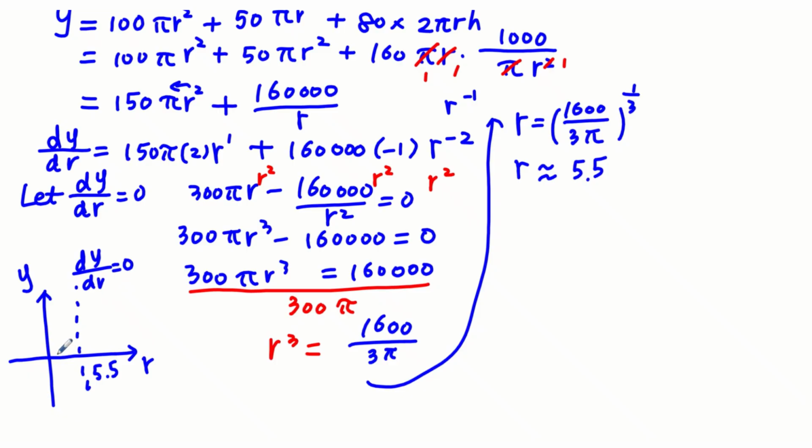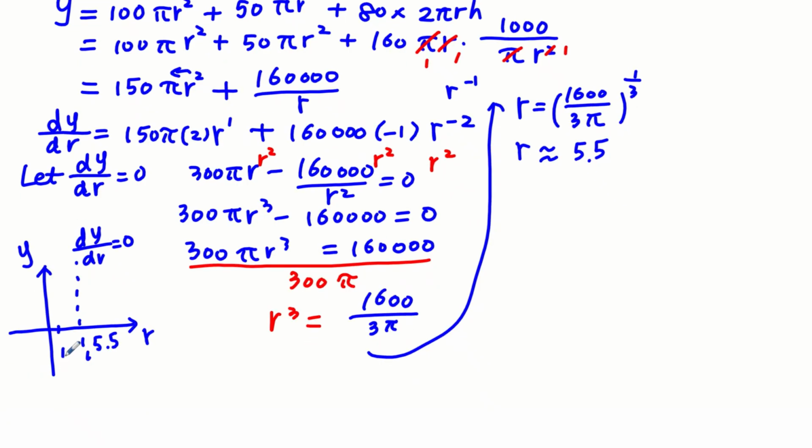Then we could pick just r equals 1. Then we sub in the 1 here. We are going to have 300 pi times 1 minus 160,000 divided by 1. So this number is greater than that, so it is negative. So it will be this direction.